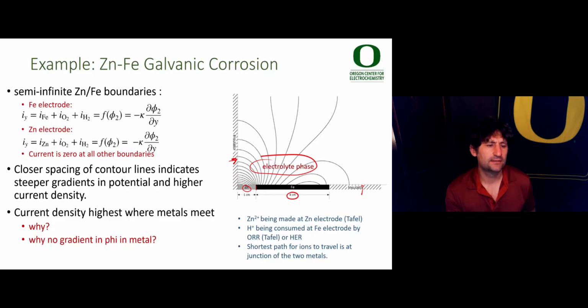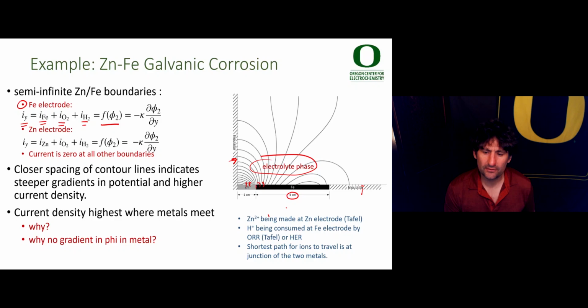We can write for the iron electrode the current in the y direction as the dissolution current of iron plus the reduction current of oxygen, reduction current of hydrogen. And all that is going to be a function of the potential in the electrolyte, where the electrolyte drop is occurring, because the potential in the electrolyte, remember, can affect the free energy remaining available to drive the kinetics of each of these reactions.